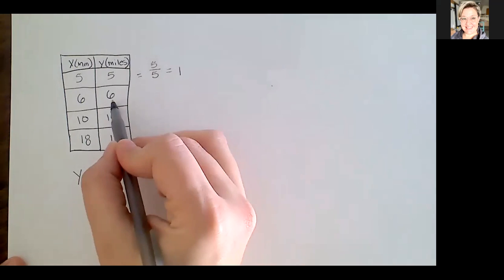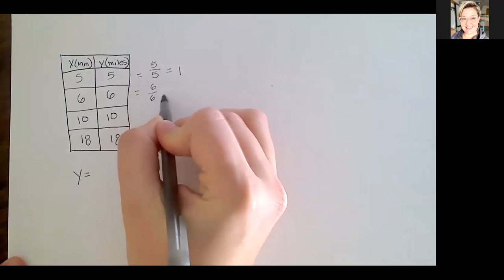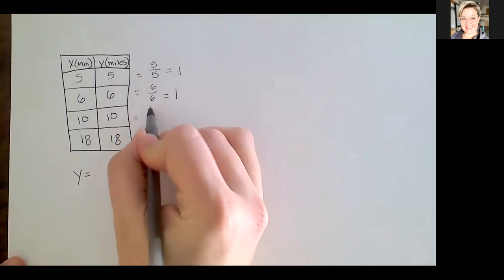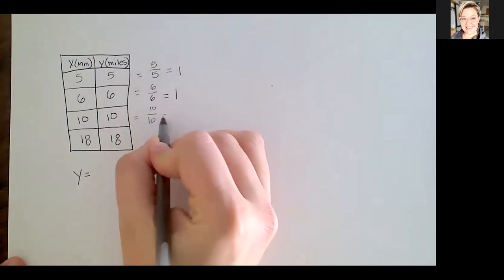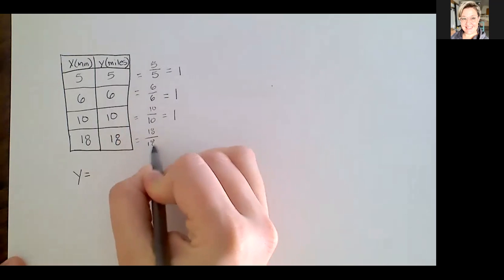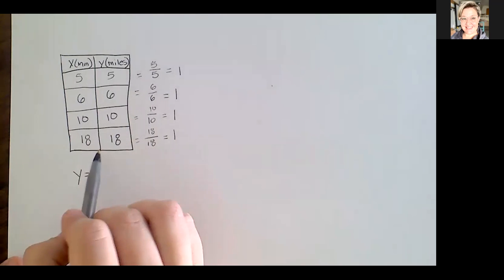In this case, 6 over 6, which equals 1. The same for the bottom two. So we know that the constant of proportionality is 1 for this table.